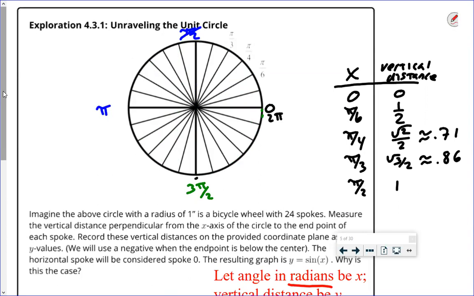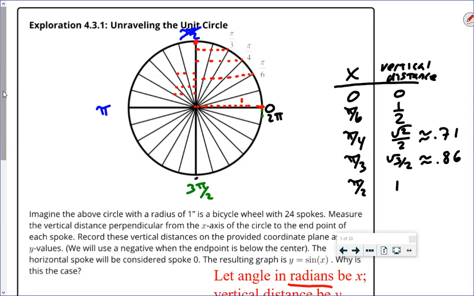Well, now if we start here, obviously my horizontal distance to the y-axis is 1. As I start going to different spokes, I can measure that distance, and again, these are all just distances on the unit circle. And by the time I get to pi over 2, that distance is 0. And then we start measuring the other distances on the other side.